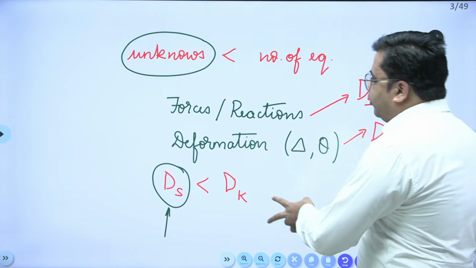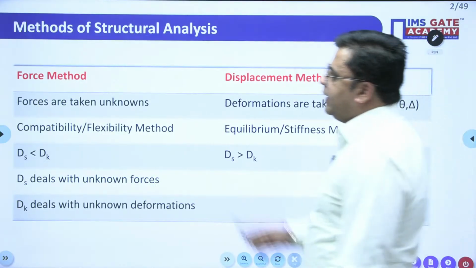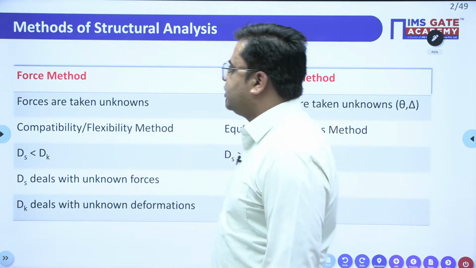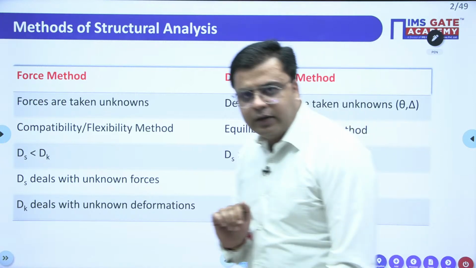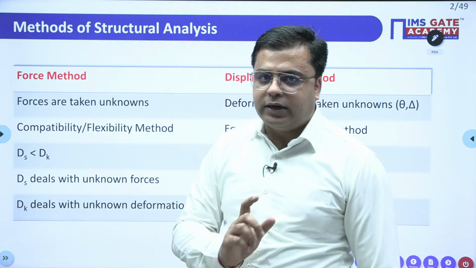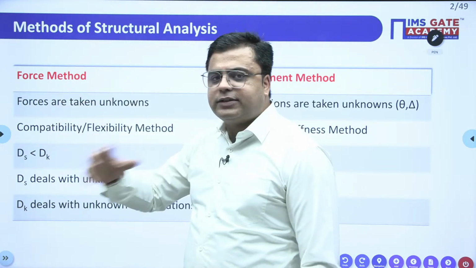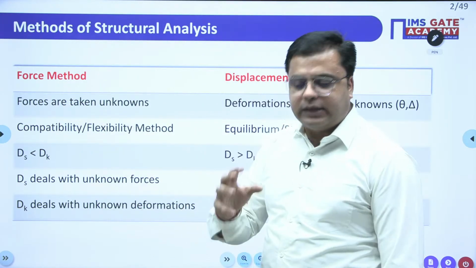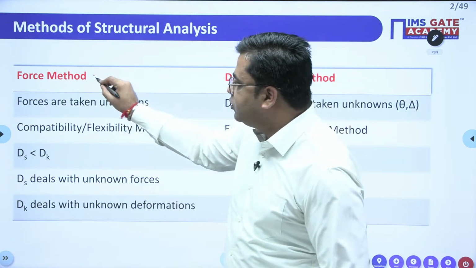So depending upon these two parameters, we have defined the methods of structural analysis as the force method and the displacement method. As the name says, force method, right? For the force method, if the degree of static indeterminacy of the system is less than the kinematic indeterminacy, then the force method has to be used.